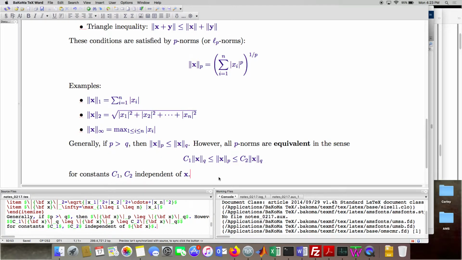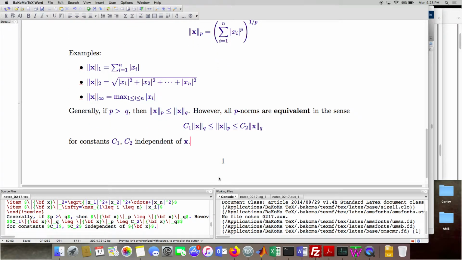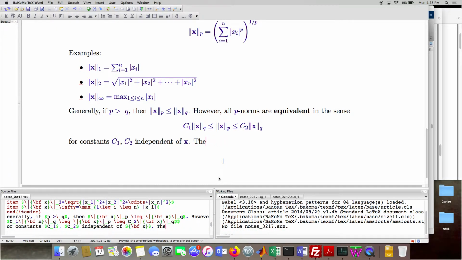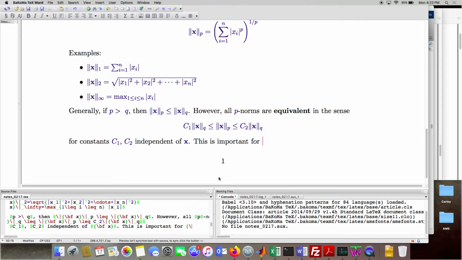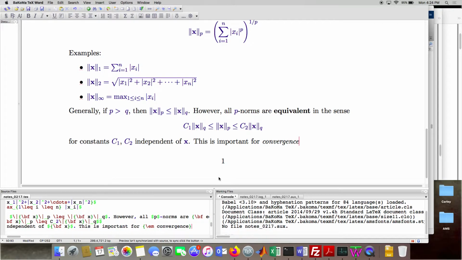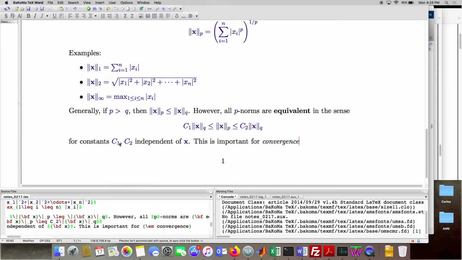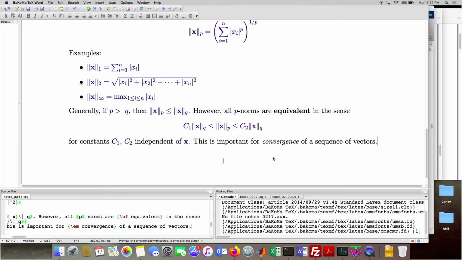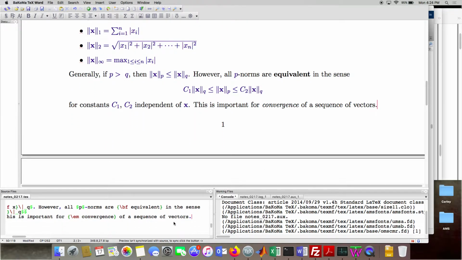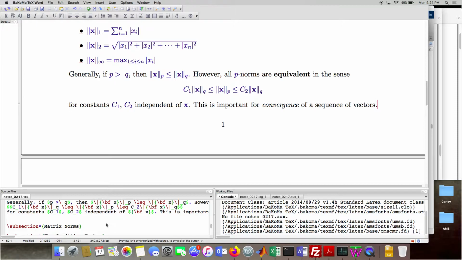Okay. Now, why does this matter? Okay, so this is important for convergence of a sequence of vectors. So I'm going to take a little time to explain what is meant by that.